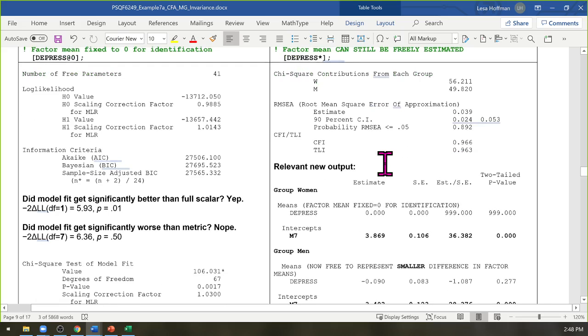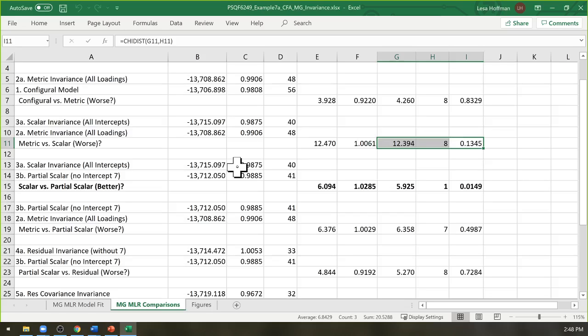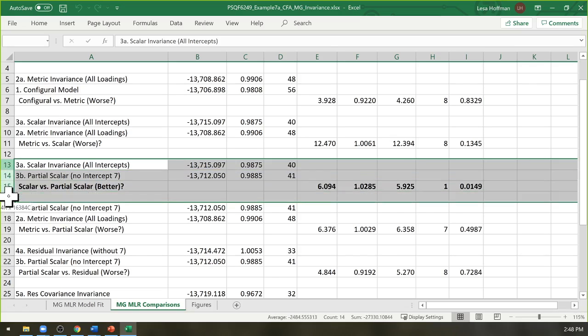And here's our output. I did 2 different comparisons to describe how well this model compares to the others. One of them is to test whether or not we moved in the right direction.